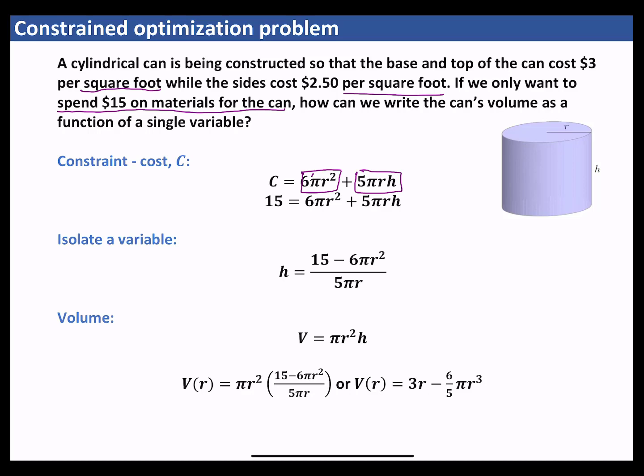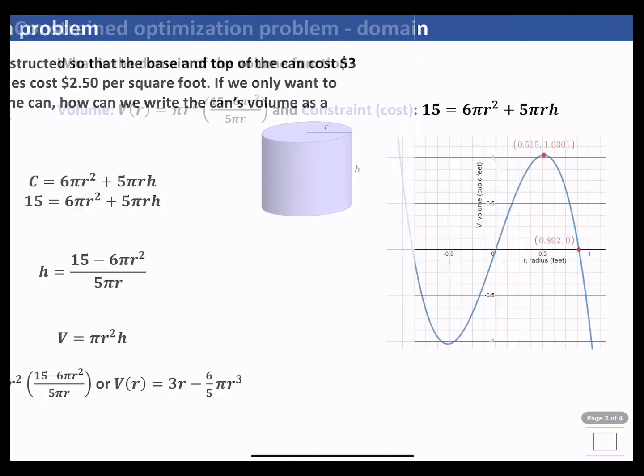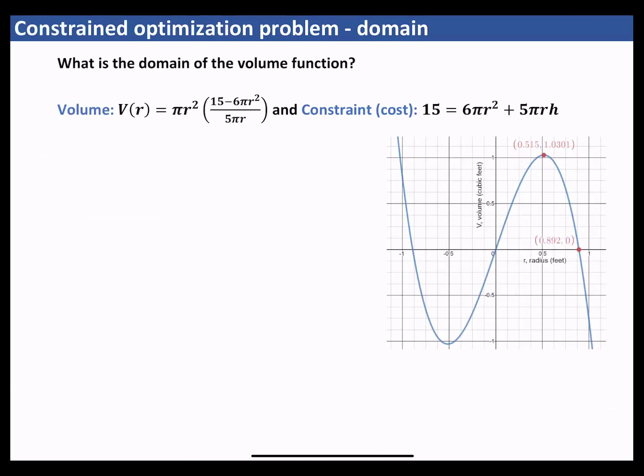We chose to solve that for h so that we could substitute that quantity into the volume function, and that way our volume was a function of one variable. So now we're going to find the domain of the volume function.